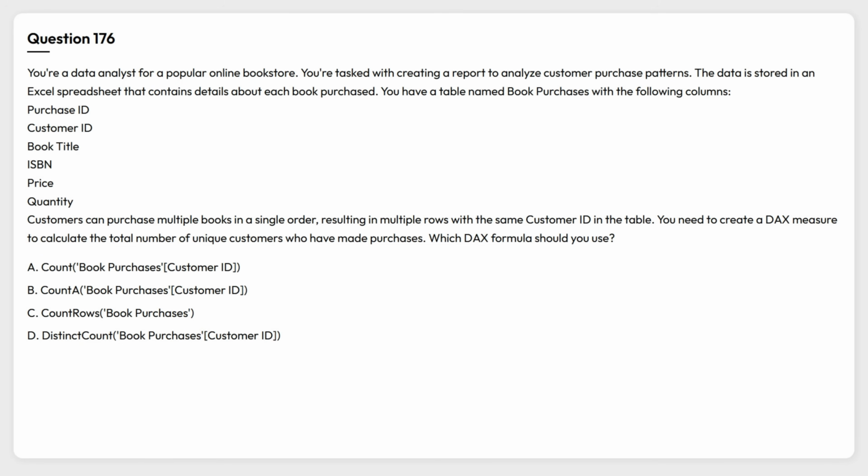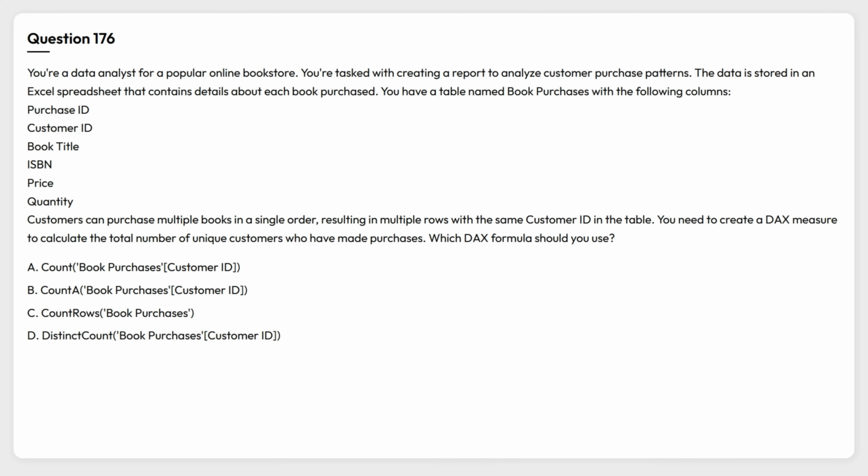Question number 176. You are a data analyst for a popular online bookstore. You were tasked with creating a report to analyze customer purchase patterns. The data is stored in an Excel spreadsheet that contains details about each book purchased. You have a table named Book Purchases with the following columns: Purchase ID, Customer ID, Book Title, ISBN, Price, Quantity.